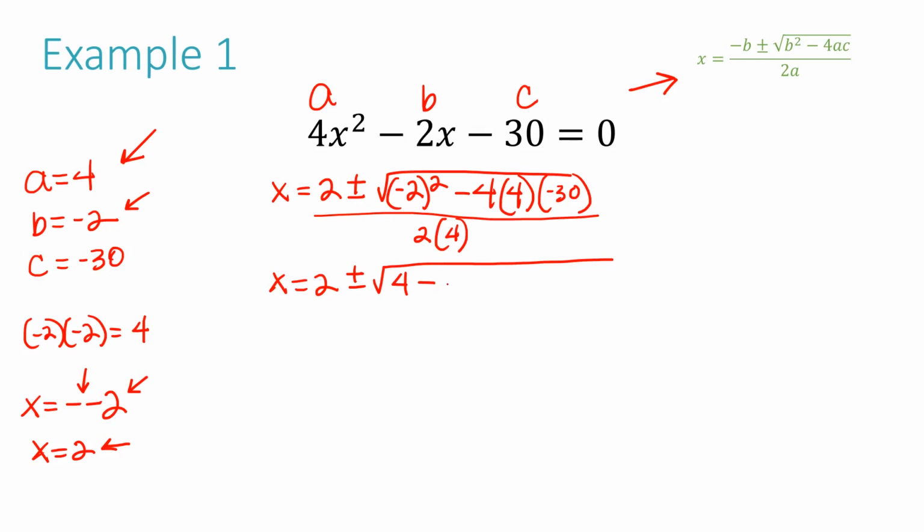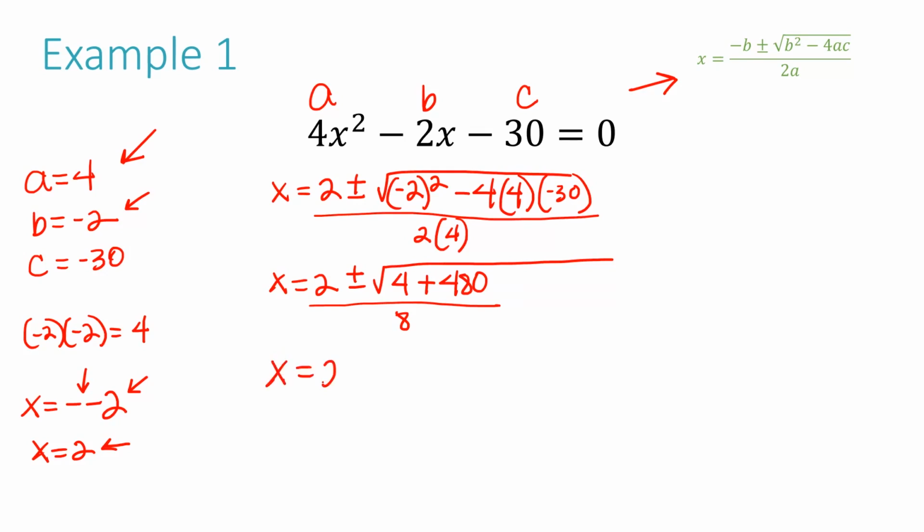So that's going to just result in a positive. So instead of 4 minus our answer, it's actually just going to be 4 plus our answer. And our answer again is 480. Now I'm going to write all of that over 8. The 8 came from multiplying the 2 and the 4 together.